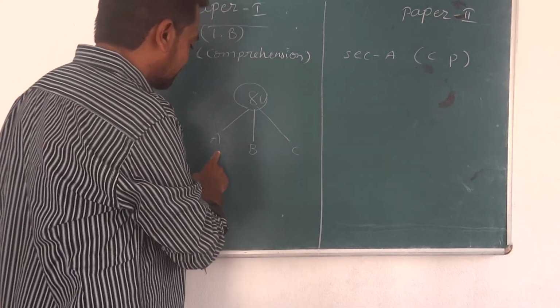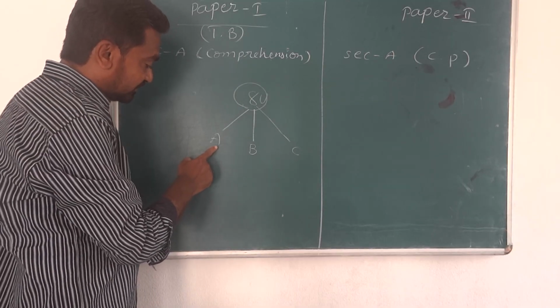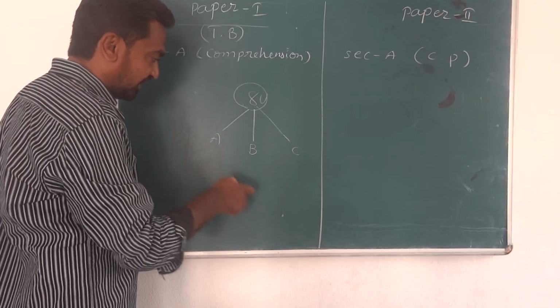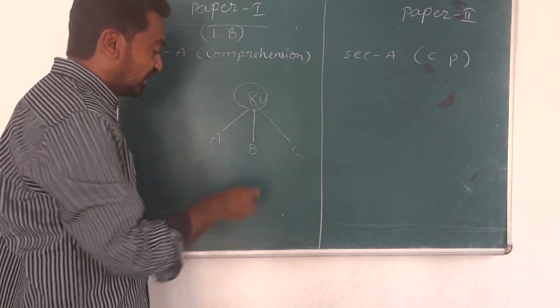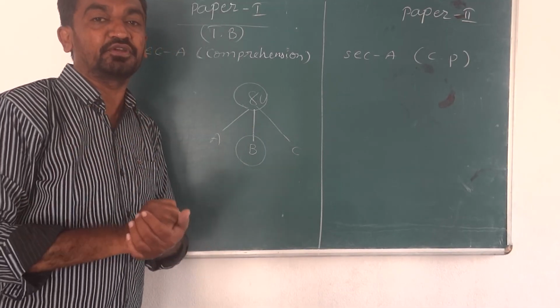A reading and C reading are lessons, and B reading can either be a lesson or a poem in the textbook.